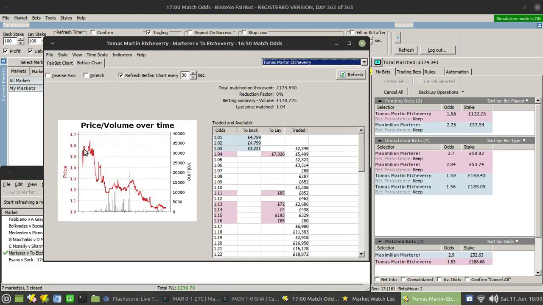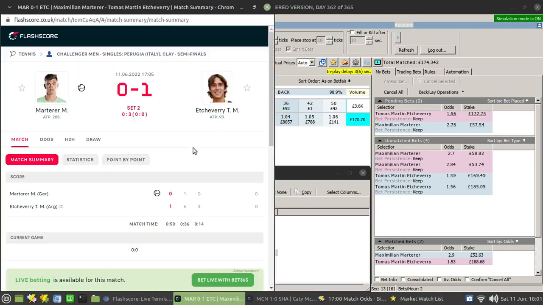This is an example of a non-volatile tennis match. You can see that this player here, Thomas Echeverry, has essentially dominated, and I got in at this sort of level here. Let's see where he is in terms of score. Yeah, he's completely dominated the first set, and it looks like he's dominating the second set as well.